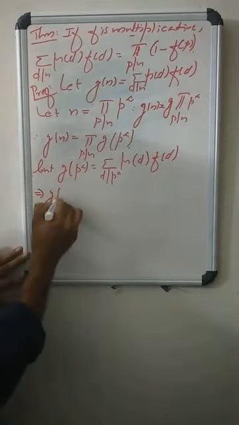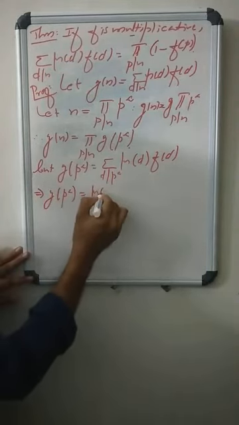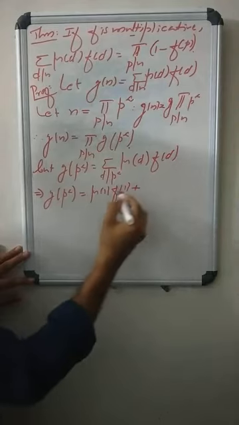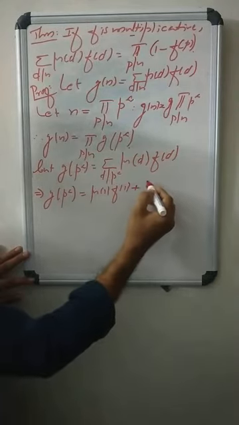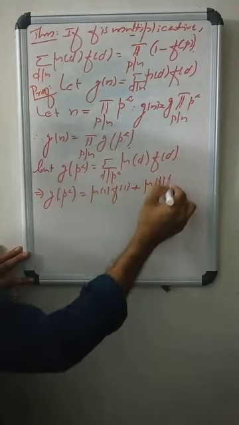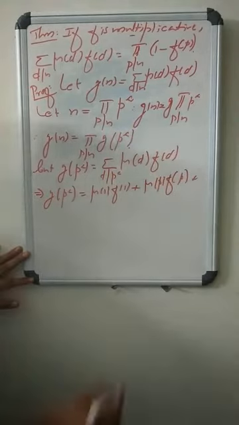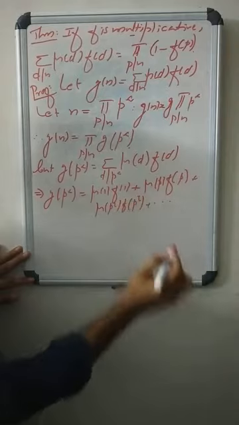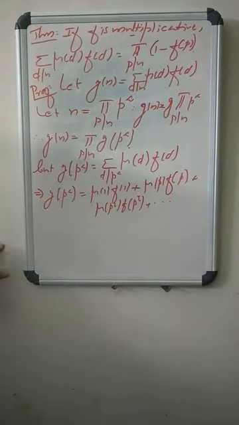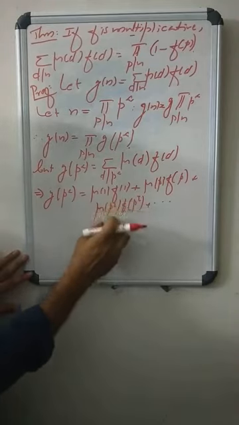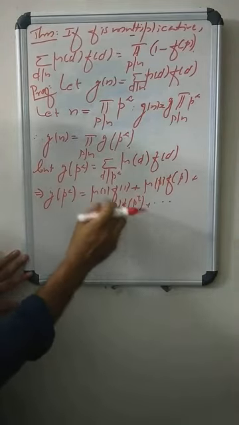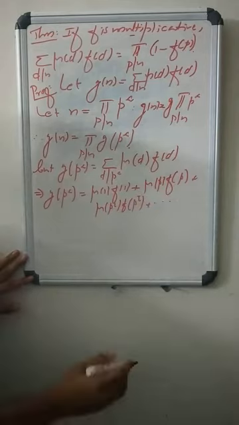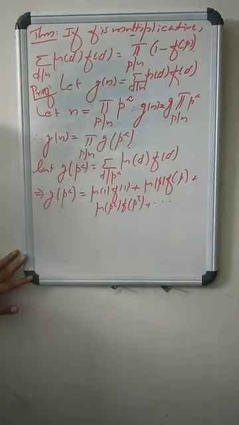That means g of p power a equals, the first divisor of p power a is 1, so mu of 1 into f of 1, plus the second divisor, which is p, so mu of p into f of p, plus the third divisor p square, mu of p square into f of p square, plus etc. Now mu of p square is 0, mu of p cube is 0, mu of p power 4 is 0; all the terms except the first two reduce to 0.